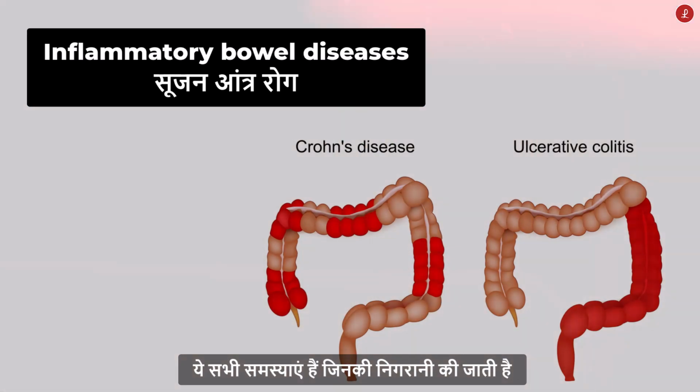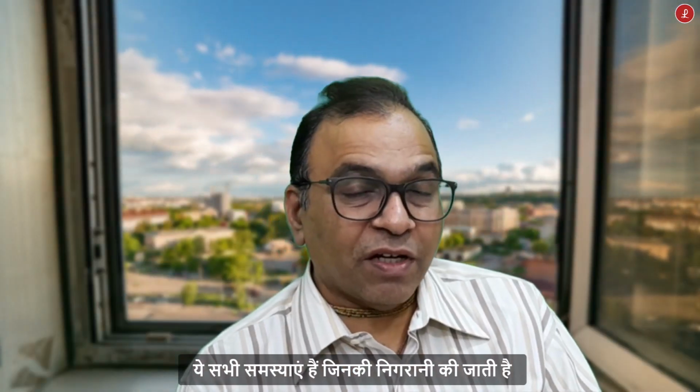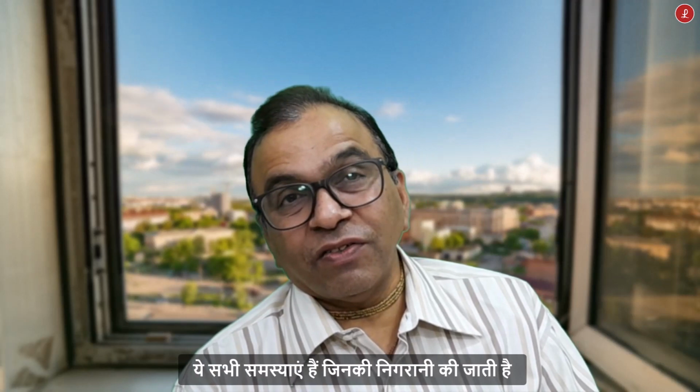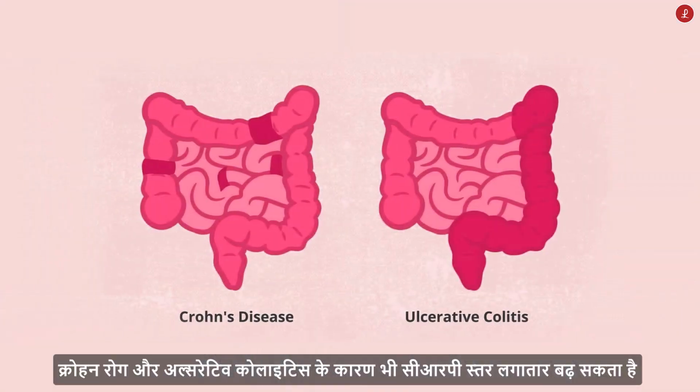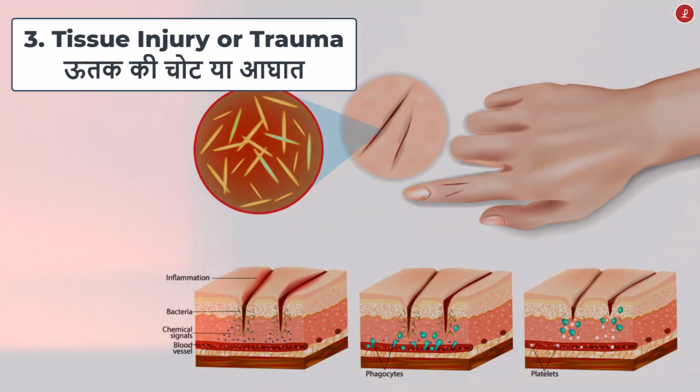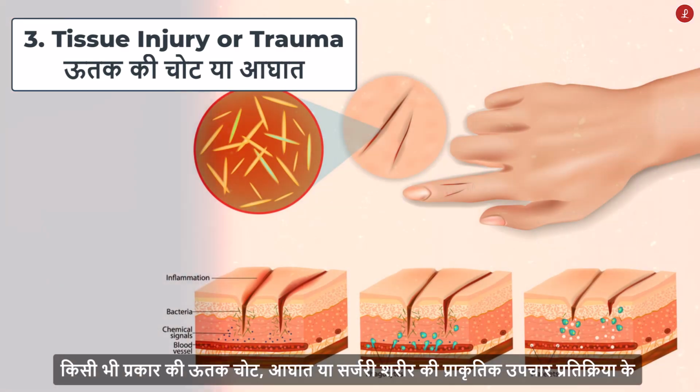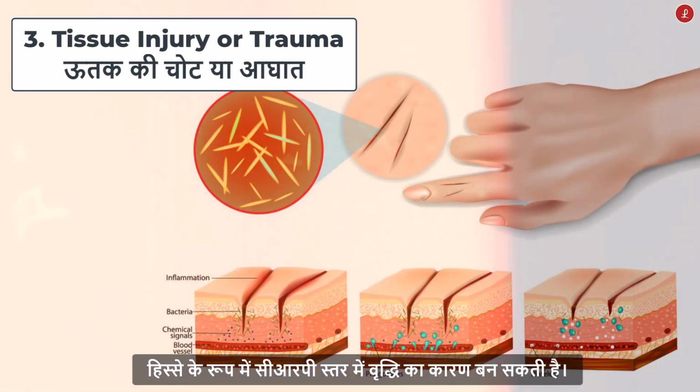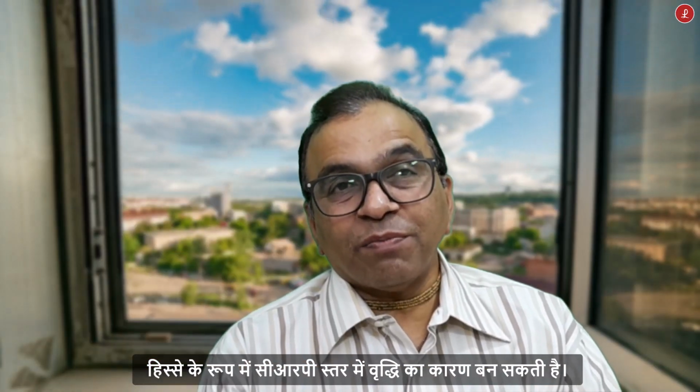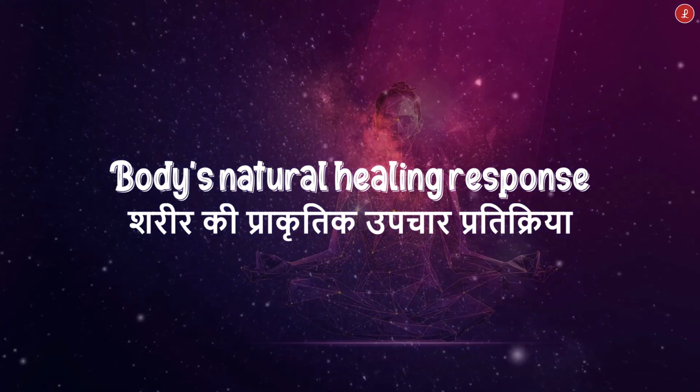These are all problems which are monitored, and Crohn's disease and ulcerative colitis can also lead to consistently elevated CRP levels. The third important point is tissue injury or trauma. Any form of tissue injury, trauma, or surgery can cause an increase in CRP levels as a part of the body's natural healing response.